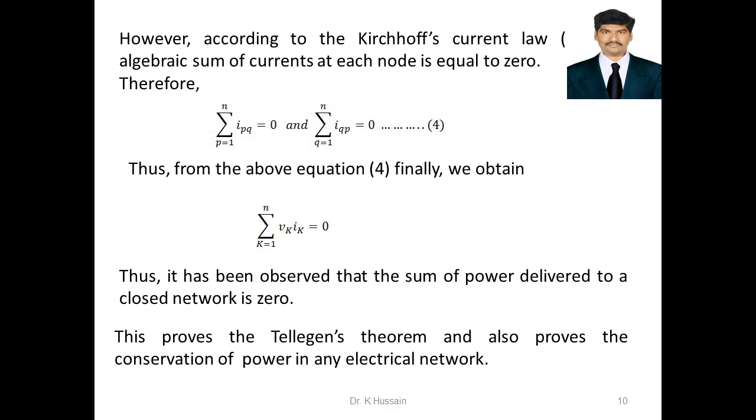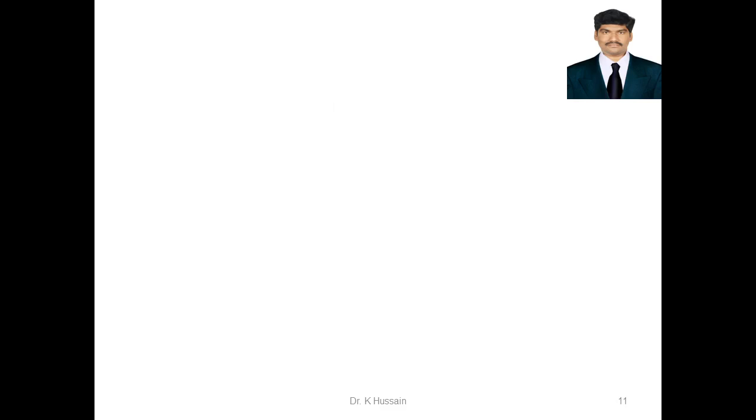Because here, in each and every branch you find the power and then take the summation, right? Each branch individually, and finally the sum of that, you need to get 0. That is the meaning of this theorem.